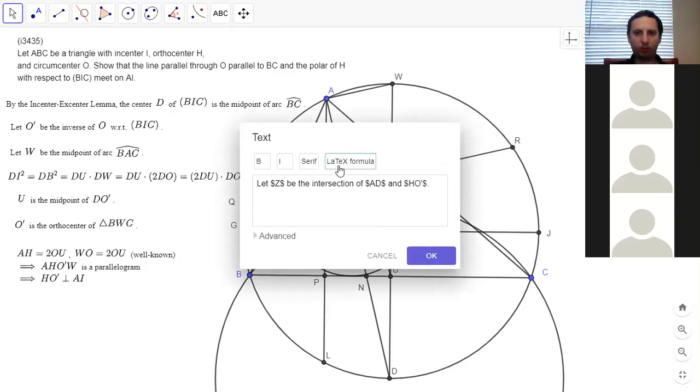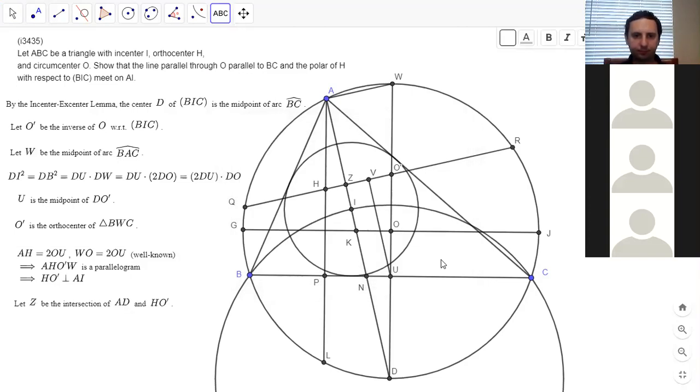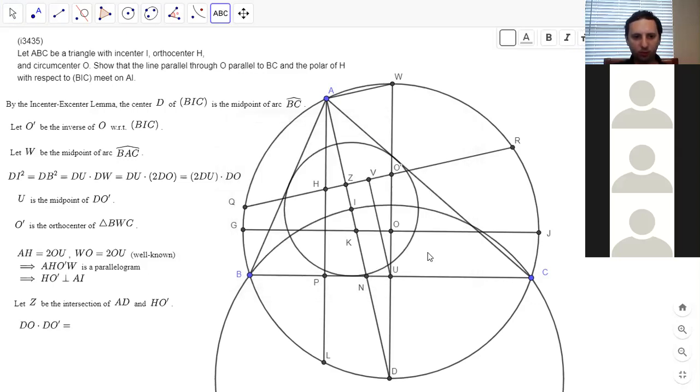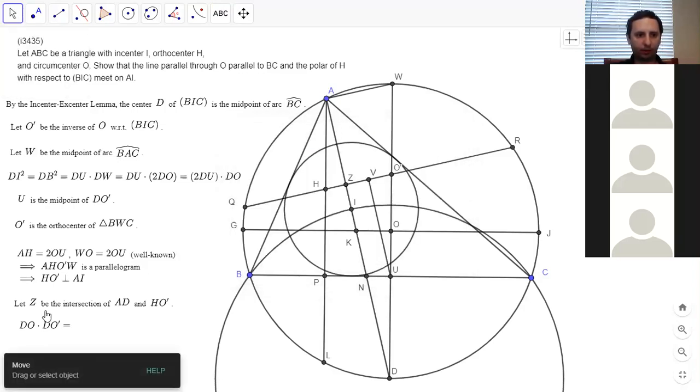And now it's like a polar chase, right? We want to show K and Z are inverses. Since O and O' are inverses, then K and Z are inverses. So DO times DO' is equal to DK times DZ, so ZKO' is cyclic.